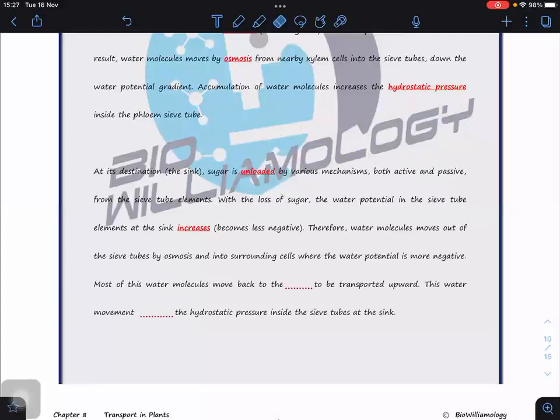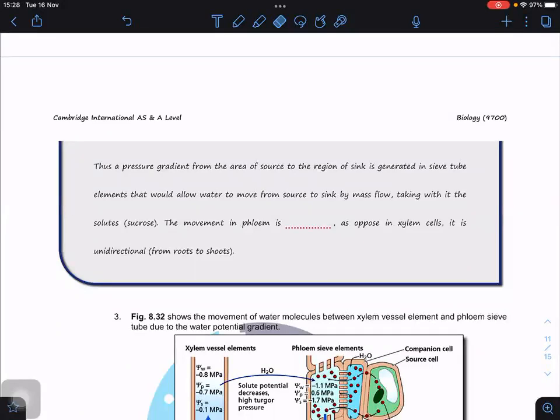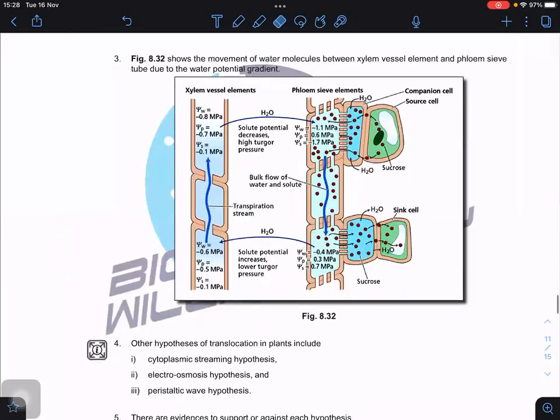Therefore, water molecules move out of the sieve elements by osmosis and back to the xylem, and this water movement decreases the hydrostatic pressure. We know that the source and the sink can be at different locations. Therefore, the movement in the phloem is bidirectional.